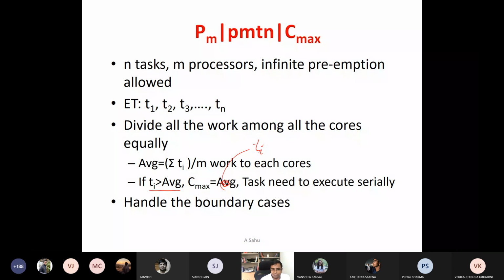That's why I'm saying handle the boundary cases. Suppose not one task, there may be 2 tasks which are more than average. Then which task do we need to take? Are you getting the point? The maximum execution time task.